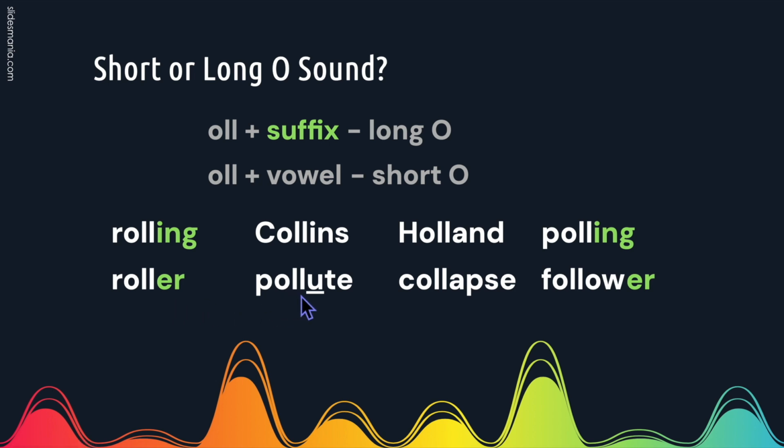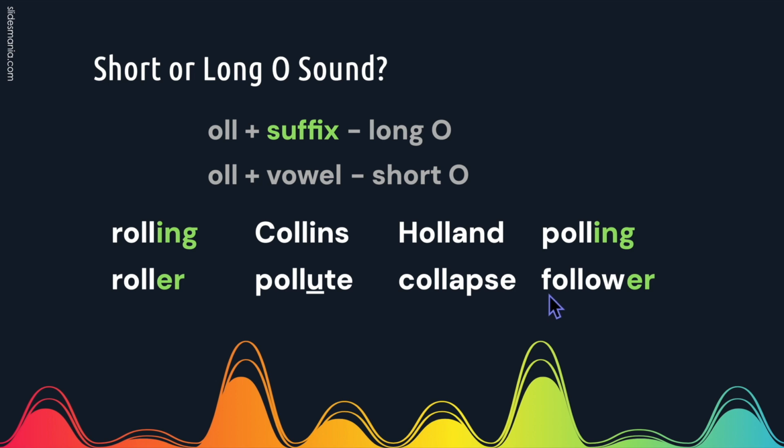Here we have OLL, but the next letter is a U, that is not part of a suffix. So here we have a short O sound, and this U is underlined because it's going to have its long U sound from the silent E. Pollute. Here we have OLL. The next letter is not part of a suffix, so we're going to have the short O sound.